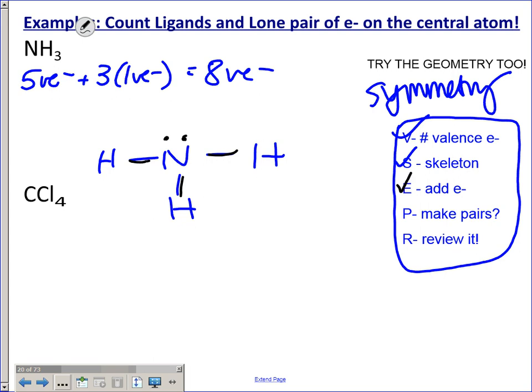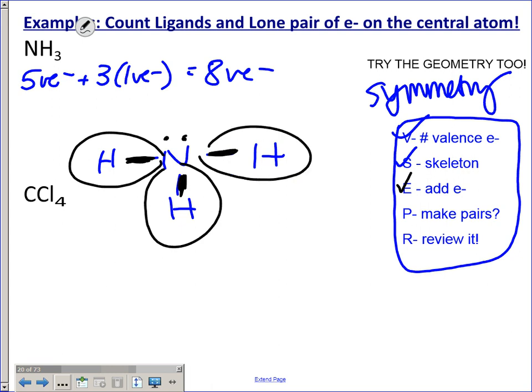So I've added electrons. However, look at my hydrogens. How many electrons do they have around them? How many is this? 2. So this one has 2 valence electrons around it. This one has 2 valence electrons around it. This one has 2 valence electrons around it. Remember I told you the octet rule has some exceptions? Most things do accommodate an octet.